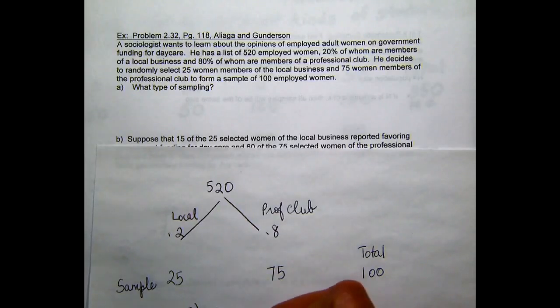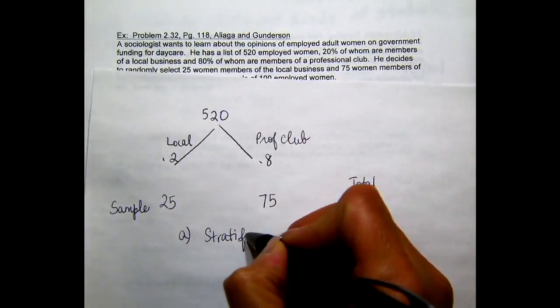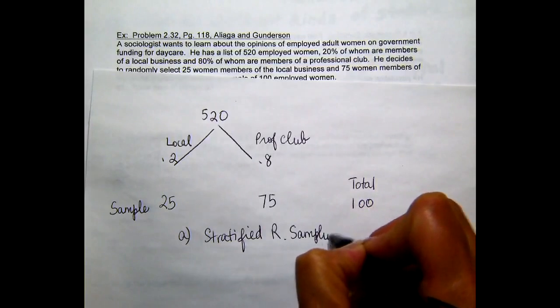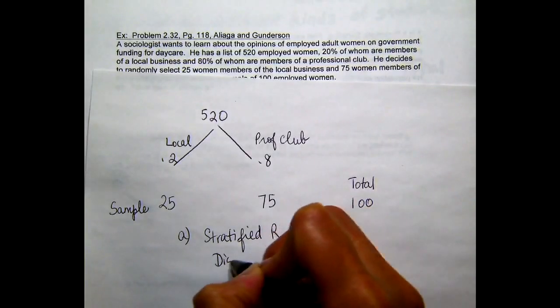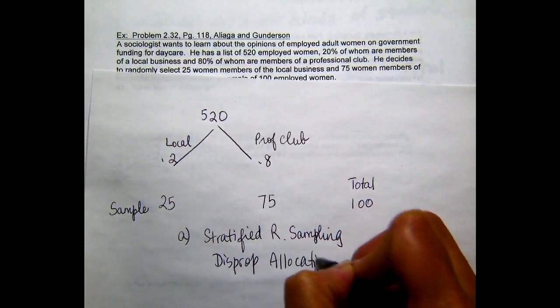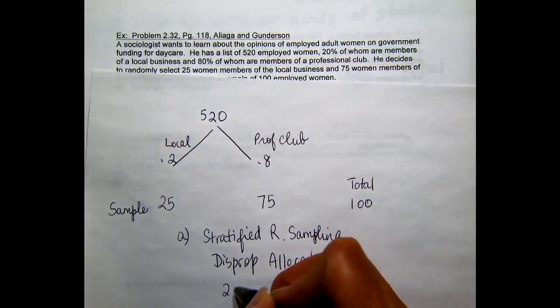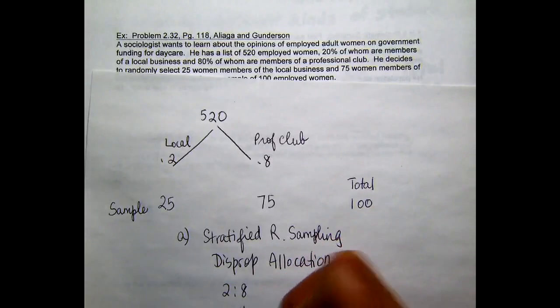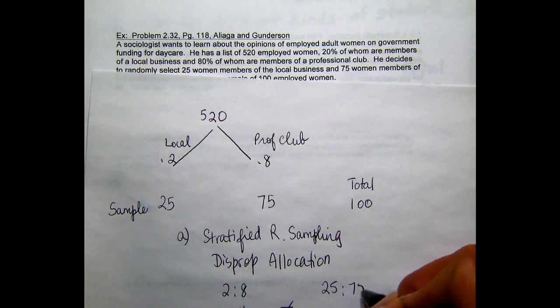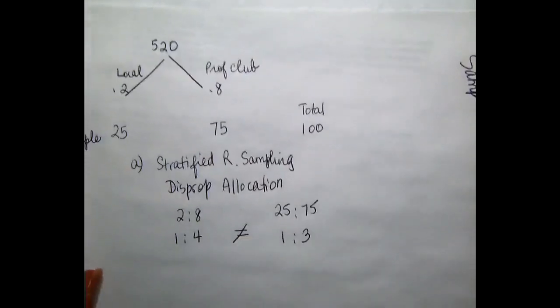So A, stratified random sampling, disproportionate allocation, because 20 to 80 is 1:4, and that's not equal to 25 to 75, which is 1:3. Follow me?